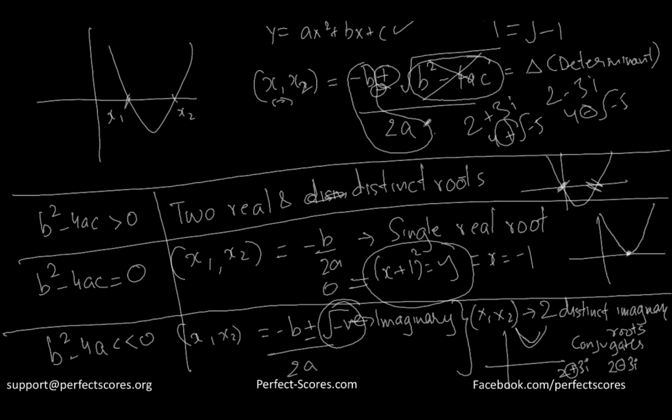I hope you understood how to solve a quadratic equation using these two methods. The first method is splitting the middle term, and the second method is using the formula. Well, there's a third one as well, which is not that widely used, but it's important because it tells you something more about quadratic equations.